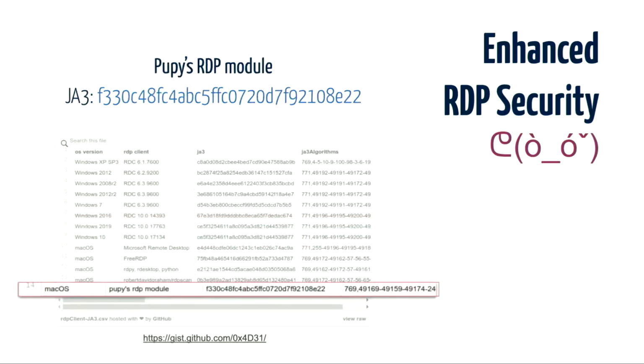And this one is Poppy's RDP module. As you know, Poppy is an open source implant, so it also has an RDP module, and the JA3 is unique. So it's cool. You can just use this fingerprint and create a Suricata or Snort rule and detect it in your network.